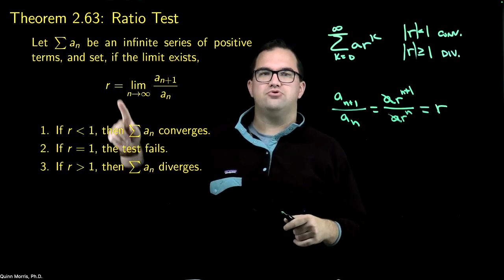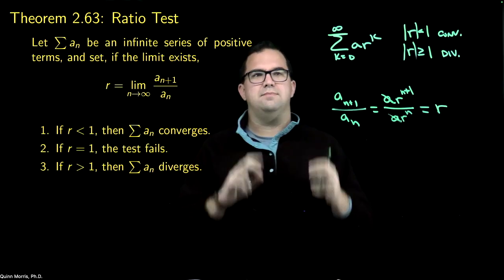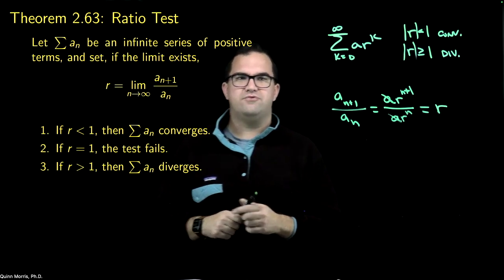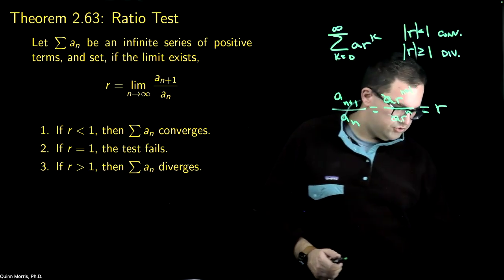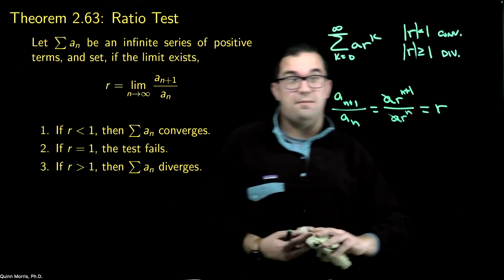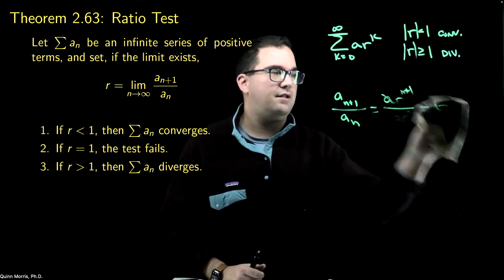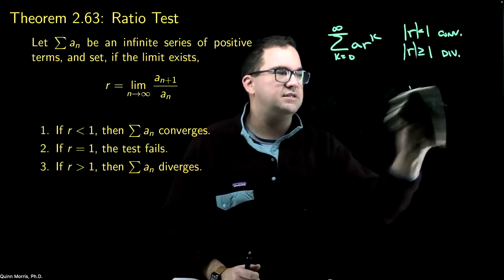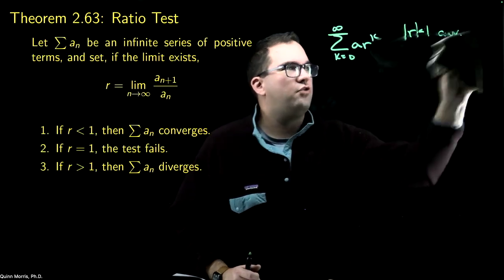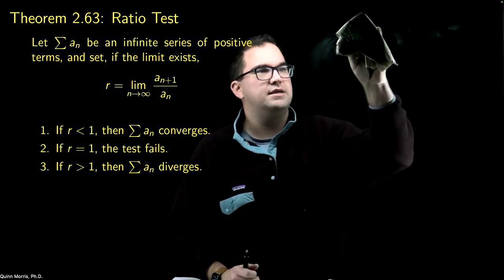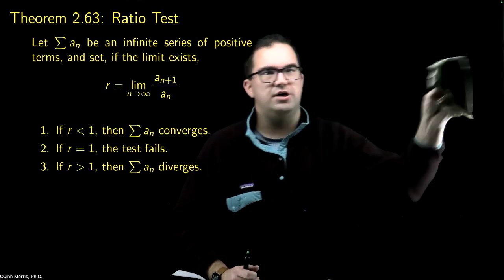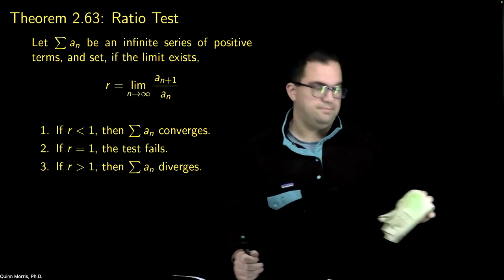And this R that you're trying to calculate is somehow the approximate ratio of terms in the limit. So again, not compare in the sense of the comparison test, but you're trying to draw an analogy between geometric series and other types of series by looking at these ratios.